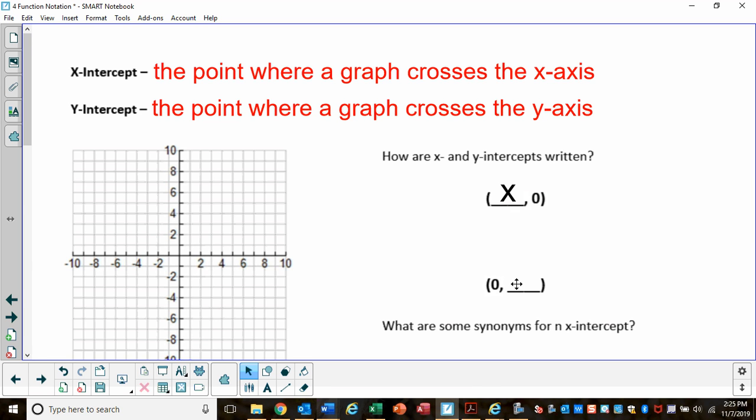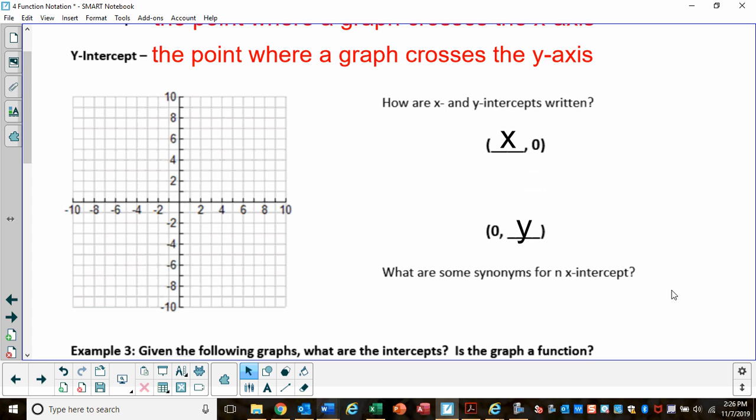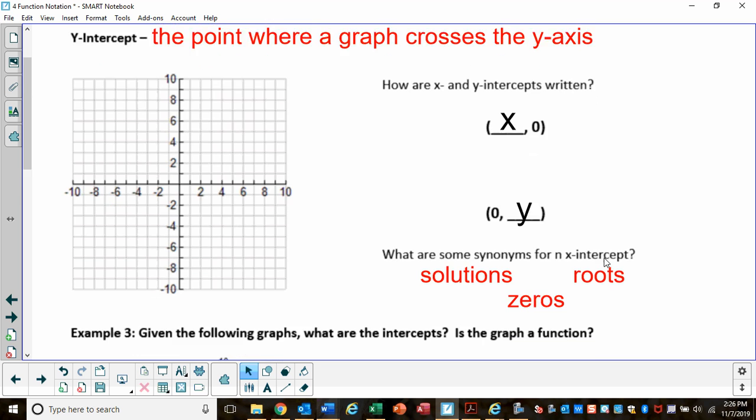For y-intercepts, you always have a 0 for x and a value for y. Okay? Some synonyms for x-intercepts, because they go by lots of different names: solutions, zeros, roots. Those are all synonyms for only x-intercepts. Okay?